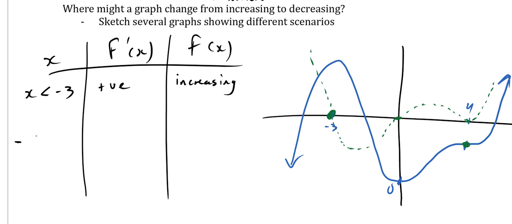I've got -3 less than x less than 0, and in between those is -3. I have to consider what's happening at that point. At -3, I know that the derivative is 0. After -3, I can see that the derivative is negative. So it's decreasing.